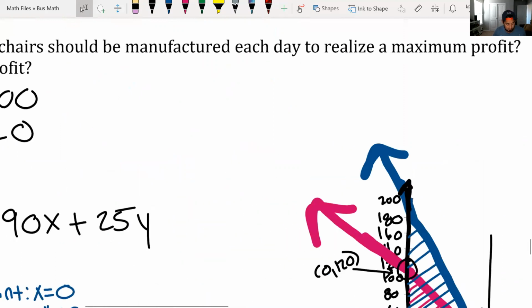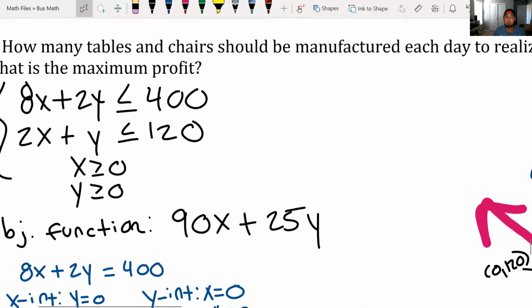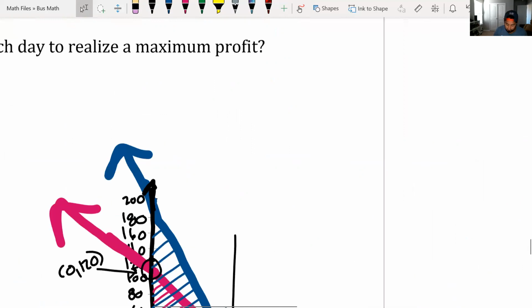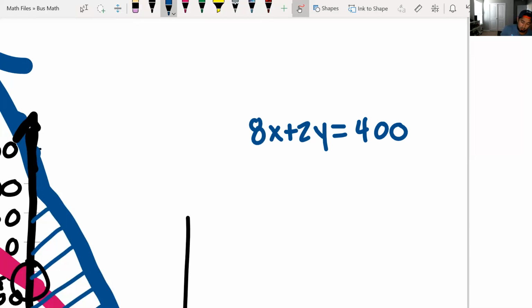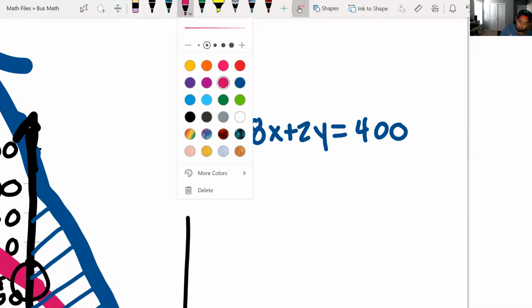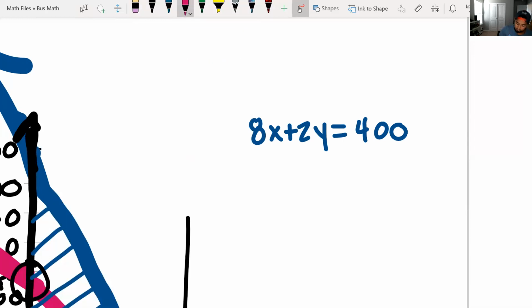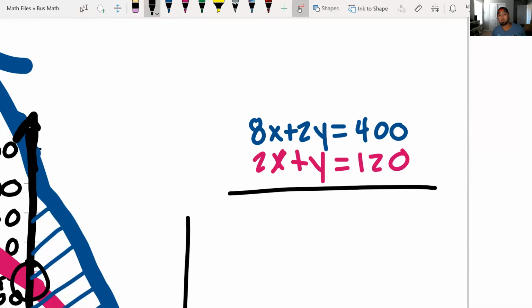I'll make it 8x plus 2y equals 400, and this one was 2x plus y equals 120. Let me make sure that's right.